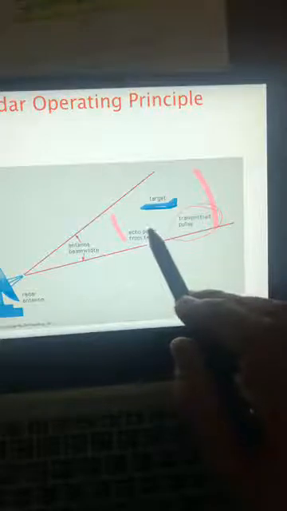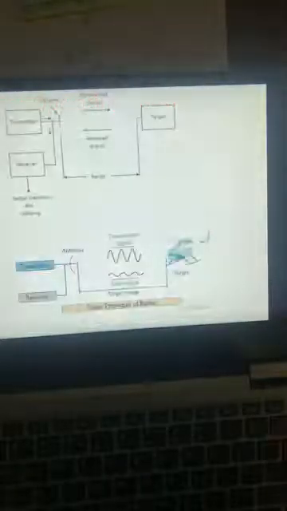The antenna sends a very high power signal, a transmitted pulse. It hits the target and then it comes back to the receiver. So this is the way a radar works.